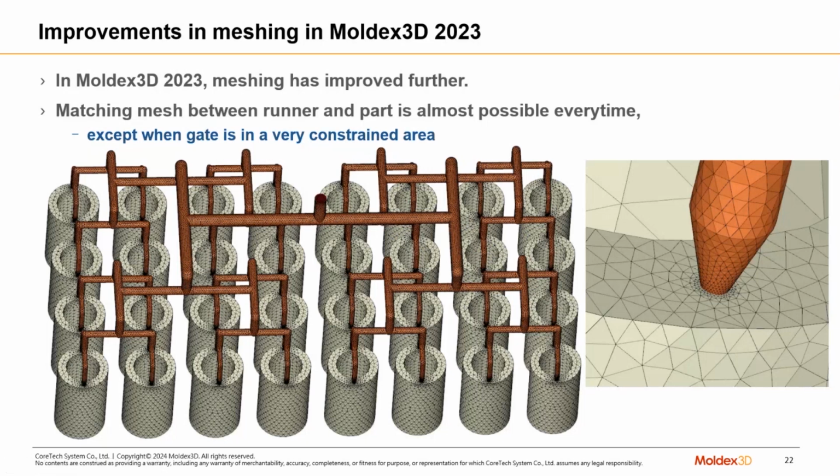The only exception would be when you have a gate in a very constrained area, where you have an edge at an angle, or a weird feature where the gate is at an angle. That's when you have to double check the mesh. But I would say 99% of the time, it's going to get you a consistent mesh between the runner and the part almost every single time.